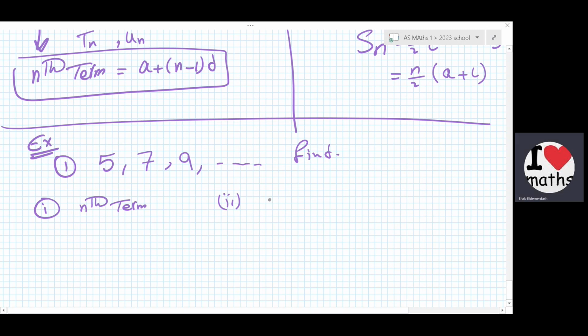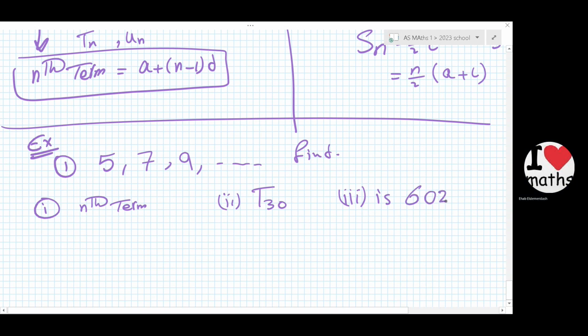Second, find t30. Third, is 602 a term in the sequence?